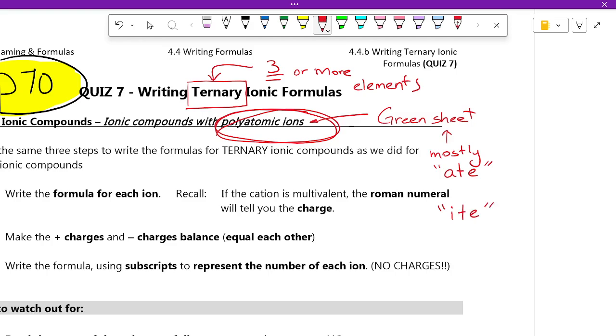So if you see ate or ite, you're going to look on the green sheet. If you see ide, you're going to look on the periodic table. Okay? Ide goes on the periodic table.